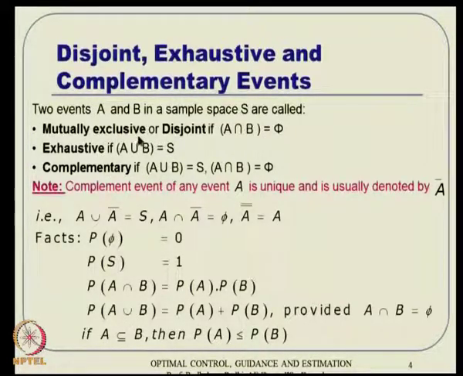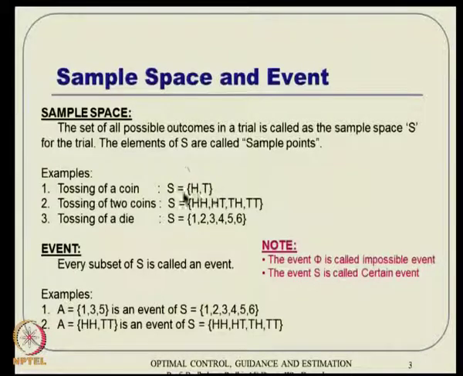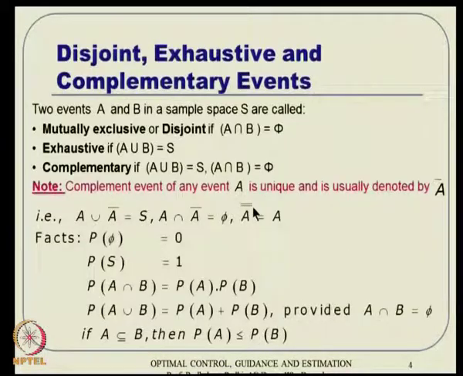If the union of A and B turns out to be the sample space, they are exhaustive, so everything is contained in the union. Complementary is very interesting: if A union B is S, but A intersection B is phi, they complement each other very well, together they contain the whole sample space, and there is nothing common between them. That is the kind of thing we are looking for here.